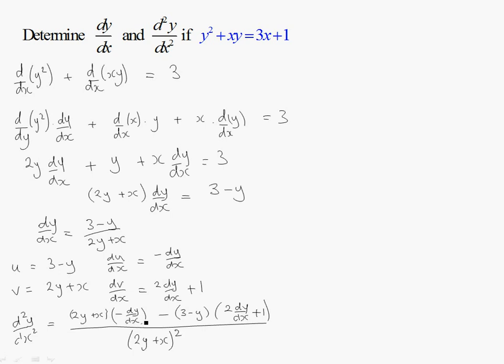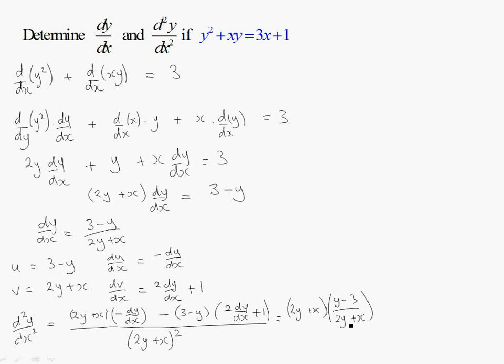Now all that's left to do is I need to replace the dy by dx with the expression from above, and it gets very messy. So I'll just write this out. What is it? 2y plus x times, it's minus dy by dx. If I do the negative of that, it just means flipping the top round, so it would be y minus 3 over 2y plus x.